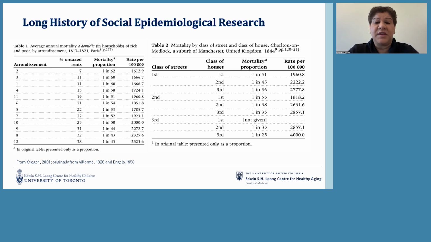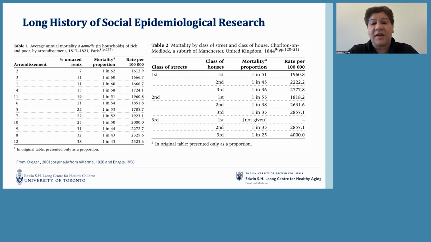And what you see is an attempt to show that your neighborhood conditions were associated with your risk of mortality, here measured by proportions and rates of mortality.